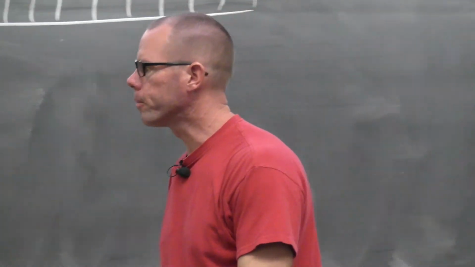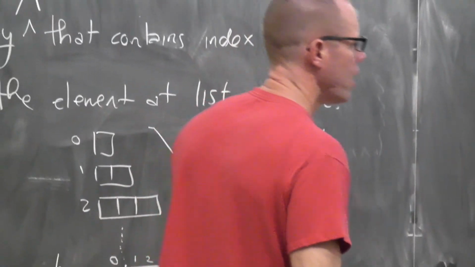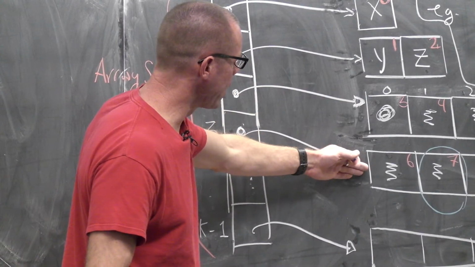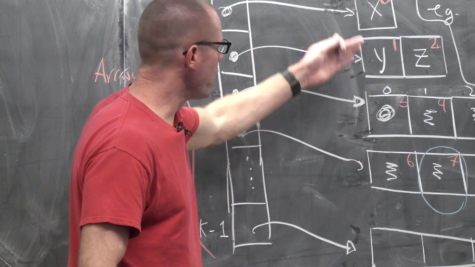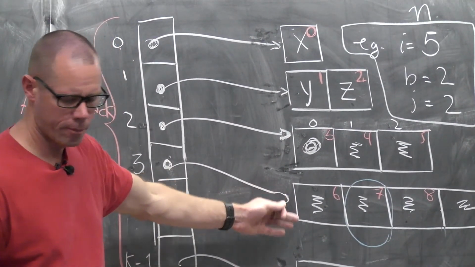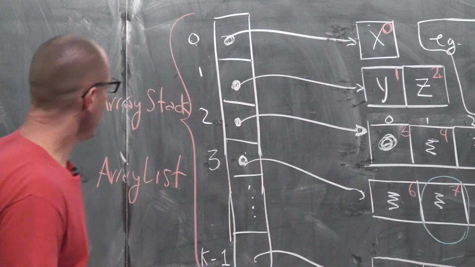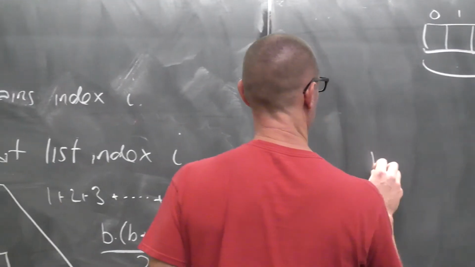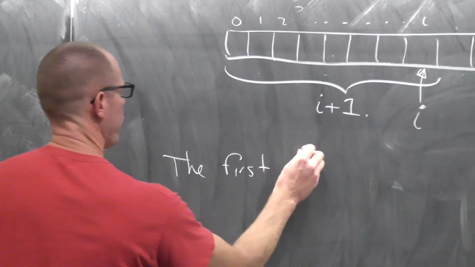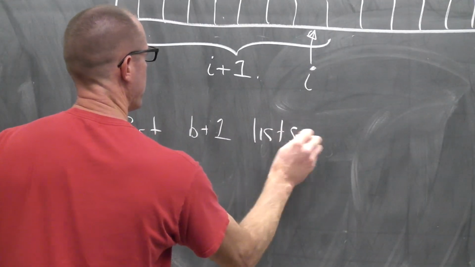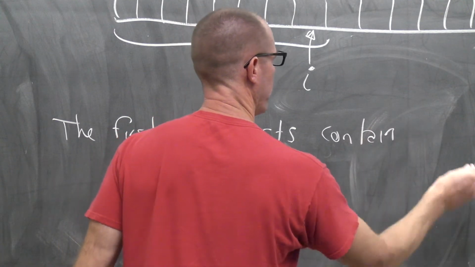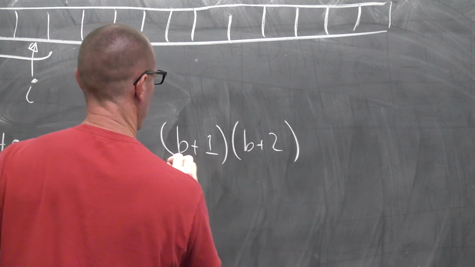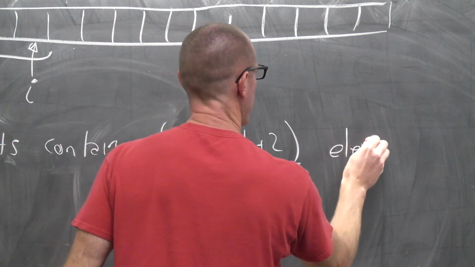So what we're doing is counting how many elements there are in these lists until we find the first value where that exceeds i plus 1. And so the first b plus 1 lists contain b plus 1 times b plus 2 over 2 elements.